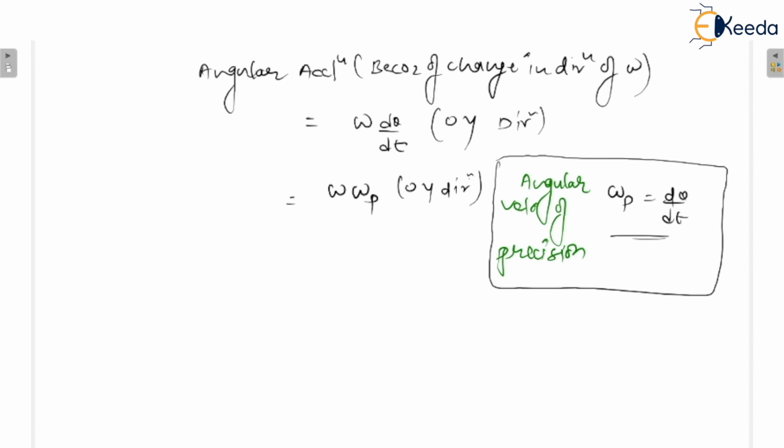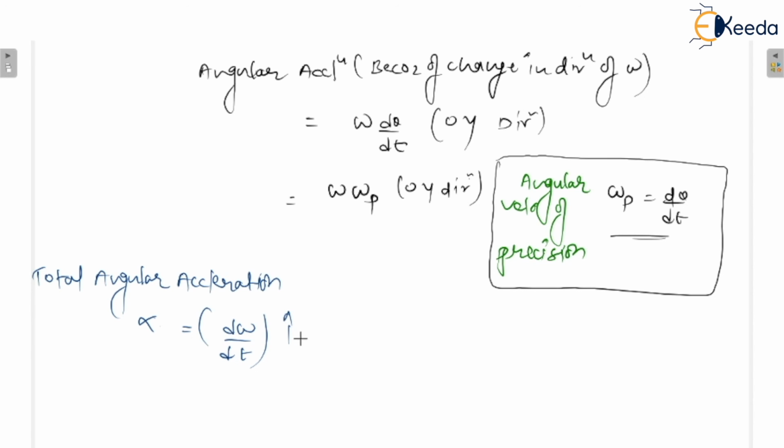So what is the total angular acceleration? Now come to the point. The total angular acceleration alpha is equal to d omega by dt in the x direction, which I can represent with i cap, and the second term, just because of the change in direction, is omega p in the y direction.